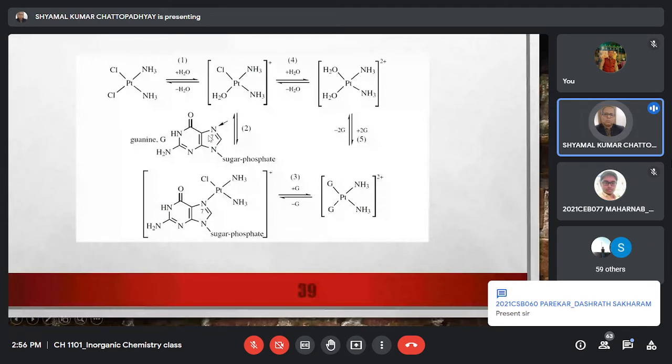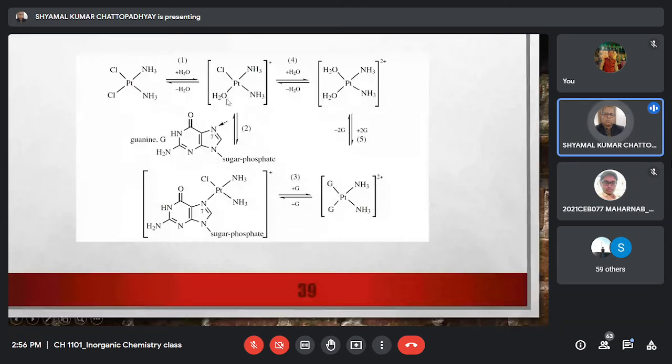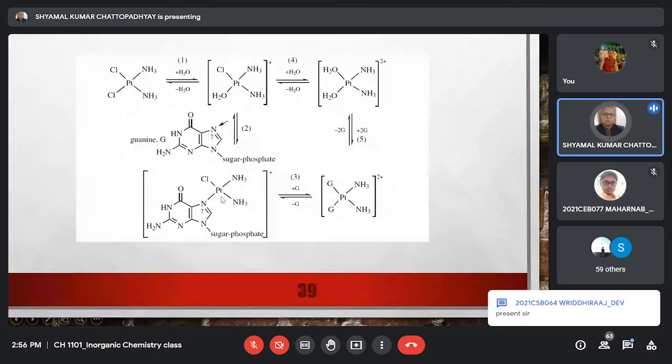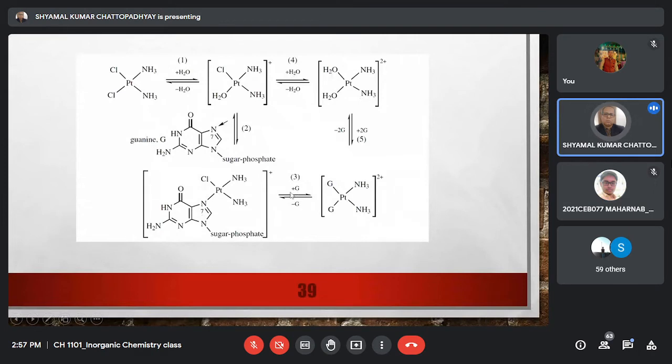So, first, this chloride is replaced by water, and this water is again replaced by the guanine from the DNA. And then we have another replacement of water. So suppose we have 2 water molecules, or from here there may be another dissociation of chloride, and another guanine molecule comes. So these 2 guanine molecules are attached in the 1-2 fashion to the platinum complex.